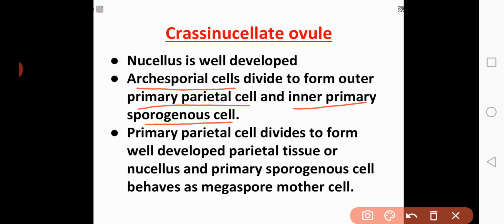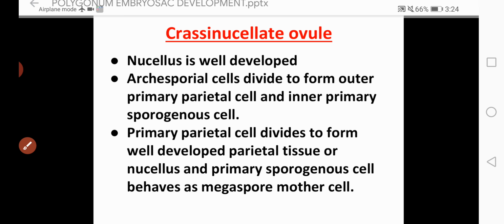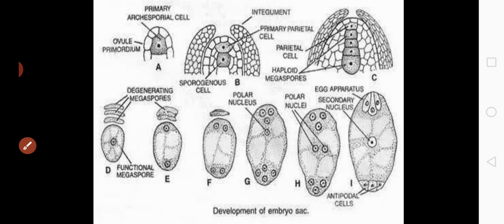Now, this primary parietal cell again divides to form parietal tissue or the nucellus, whereas the primary sporogenous cell functions as the megaspore mother cell. And this type of development of ovule is called crassinucellate.